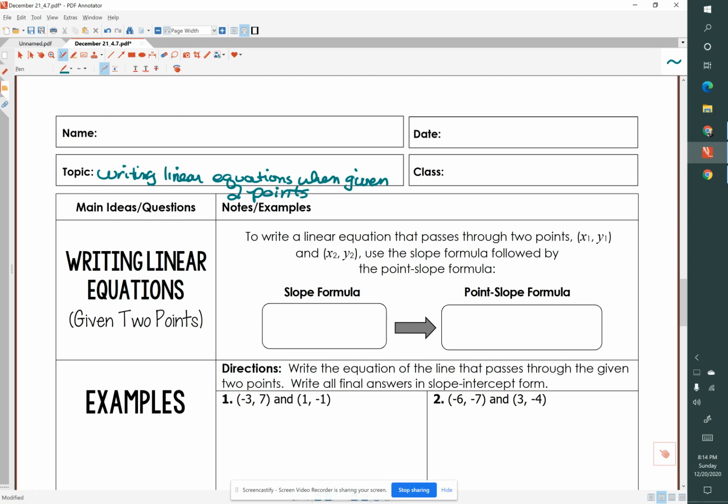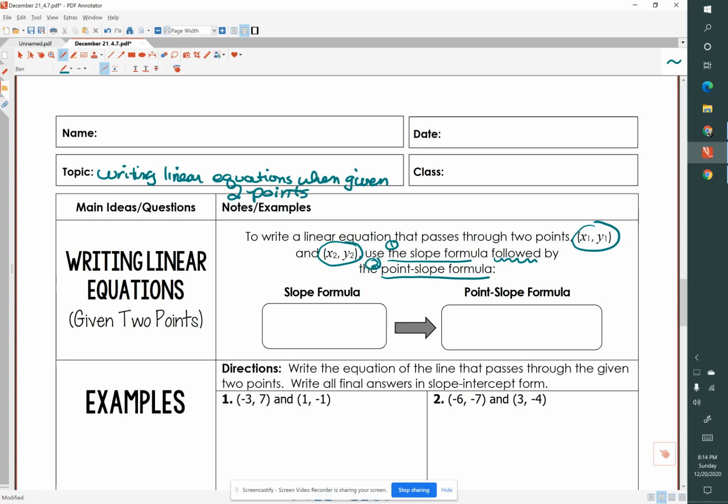All right, so to write a linear equation that passes through 2 points, x1, y1, and x2, y2, we call that x sub 1, y sub 1, and x sub 2, y sub 2, use the slope formula followed by the point slope formula. So we've got a 2-step process here. 1, 2.